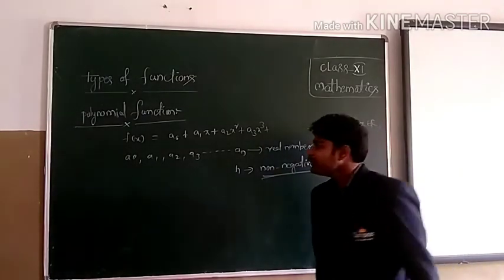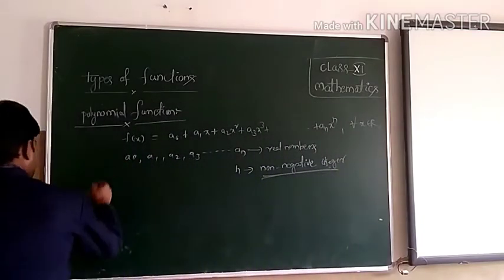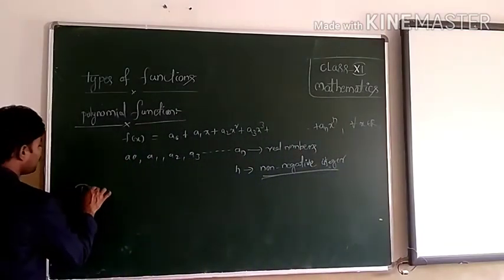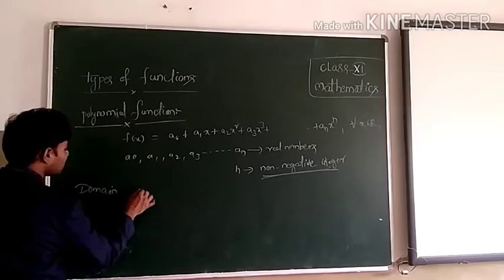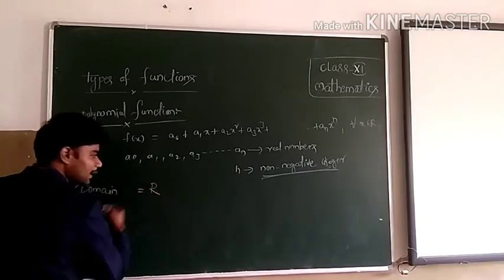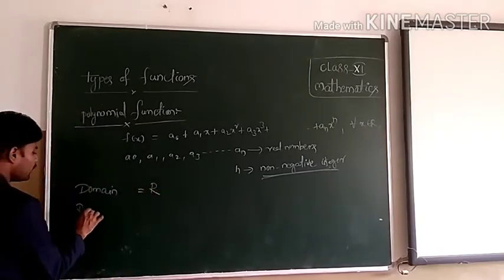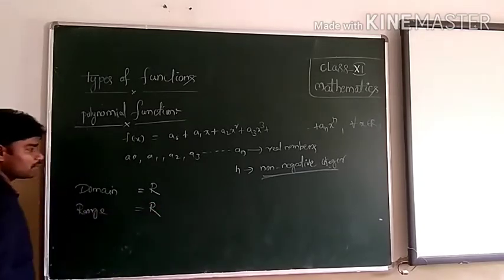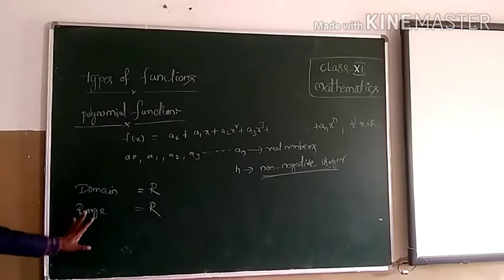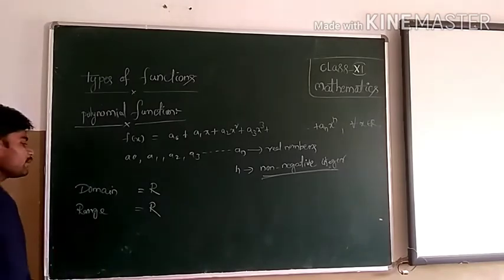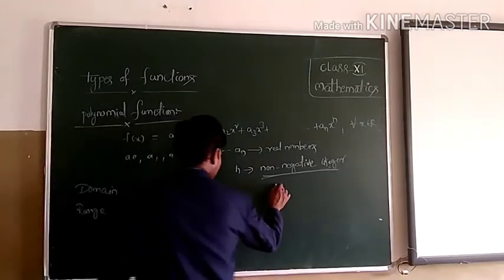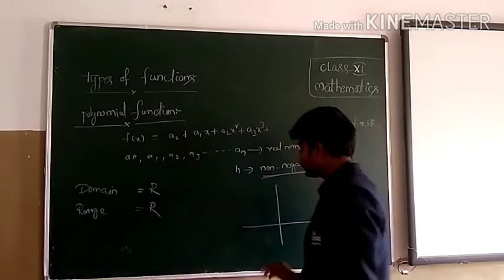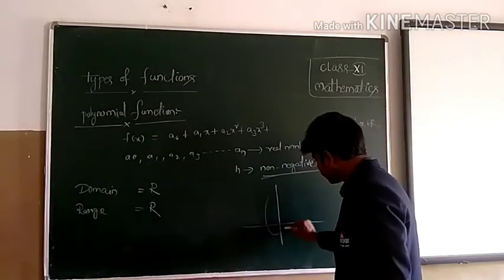Non-negative integer. Here the domain of the polynomial function is real numbers, and the range of the polynomial function is also real numbers. The graph of the polynomial function looks like this.